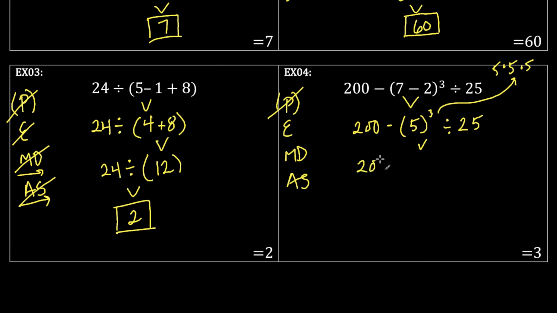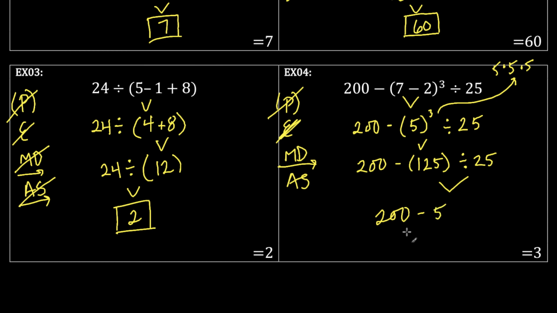So I get 200 minus 125 divided by 25. I'm done with my exponents. I don't have any little numbers left. Now I need to multiply and divide from left to right. There's division: 125 divided by 25 is 5.